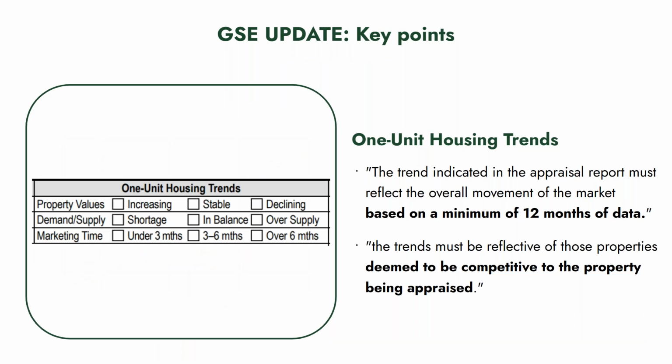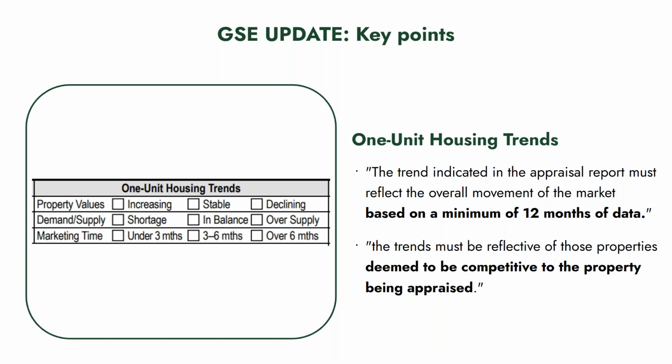A couple of key points. Number one, the box at the top of page 1, the 1 unit housing trends box, per Fannie and Freddie, the trend indicated on the appraisal must reflect the overall movement of the market based on a minimum of 12 months of data. The key is based on a minimum of 12 months of data. Without that guidance, you might think, well, the market is up over the last 3 months and therefore it's increasing, or the market is up over a 2-year period.